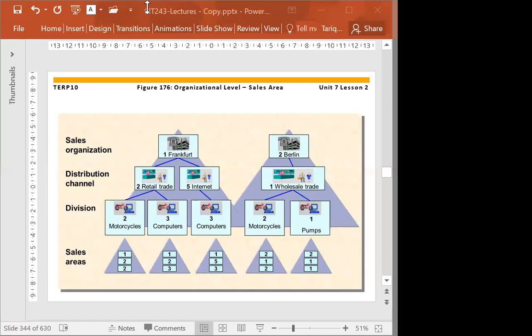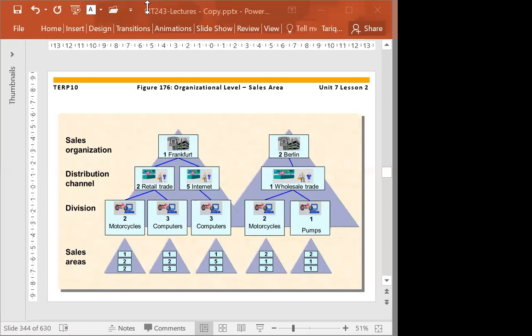Okay. Basically, this is for reporting purposes, and also to manage your transactions. So for example, you have two sales offices, one in Miami and one in San Diego.